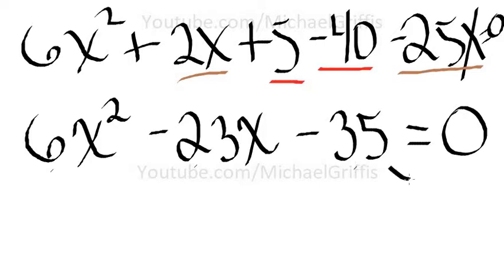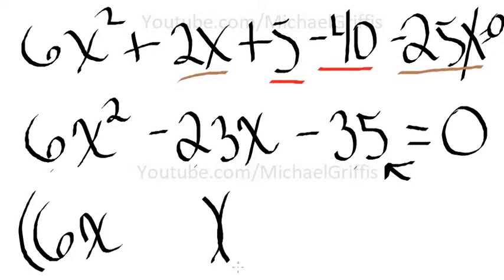We're going to need two numbers that multiply together to give us 35. And 7 and 5, I guess, are the only two numbers besides 1 times 35, so we're going to try them out. So let's rewrite 6x. We know there's going to be an x there. Set it equal to 0.